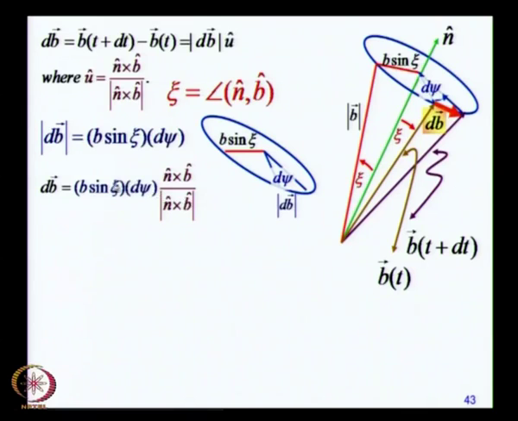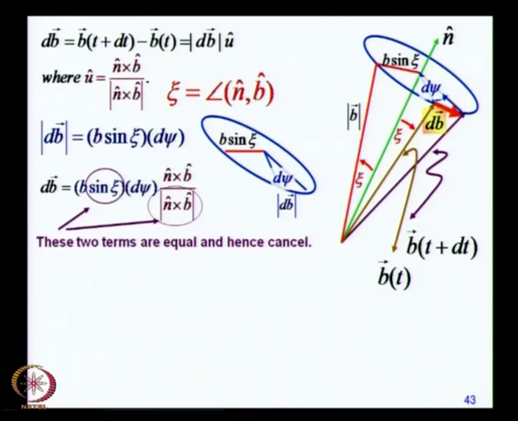So, now we can write an expression for the displacement vector dB itself, which is the magnitude, b sin xi d psi, times the direction unit vector, which is n cross b over the magnitude of n cross b. But what is the magnitude of n cross b? It is sin xi, right. The cross product of the two vectors has a magnitude equal to the product of the magnitudes of the two unit vectors, which is always equal to 1, times the sine of the angle between them.